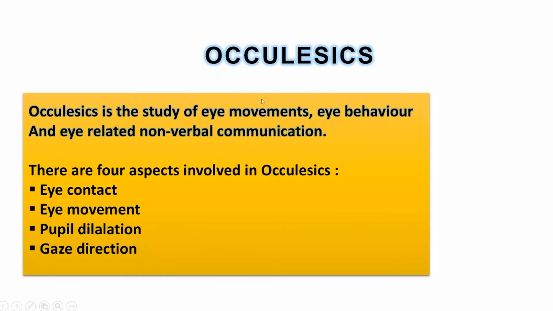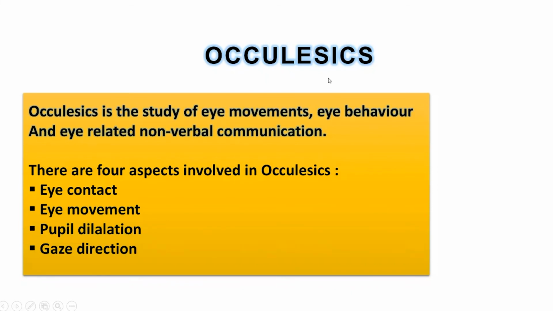Oculesics is the study of eye movements, eye behavior, and eye-related non-verbal communication. Sometimes you are angry and you stare, so it is an eye movement. Sometimes you narrow your eyes when you are angry, or widen them, the pupil movement. All of this comes under eye movement, and if it conveys a non-verbal message, it comes under oculesics.